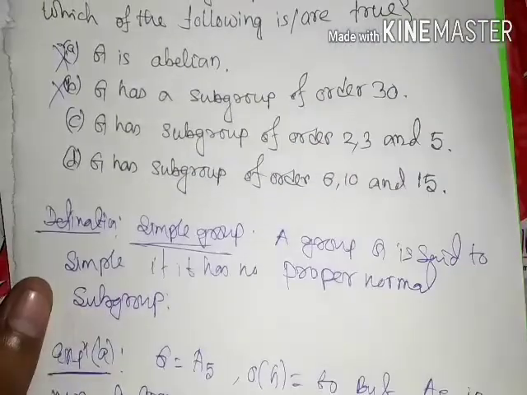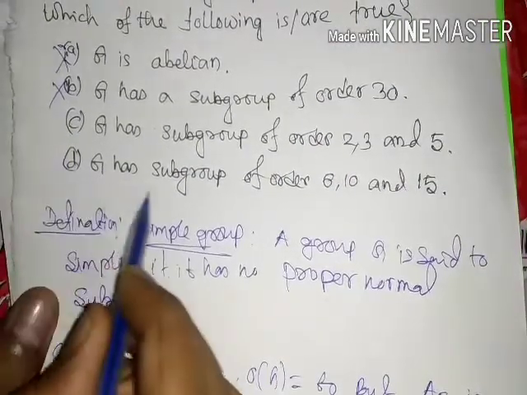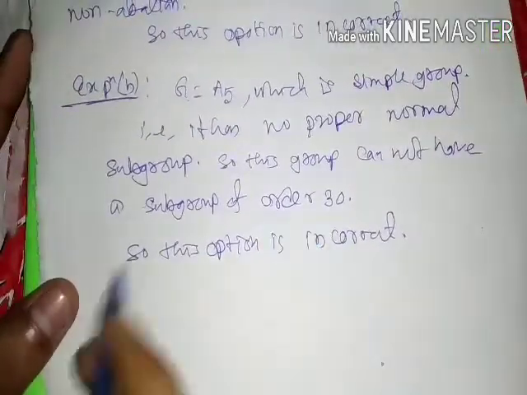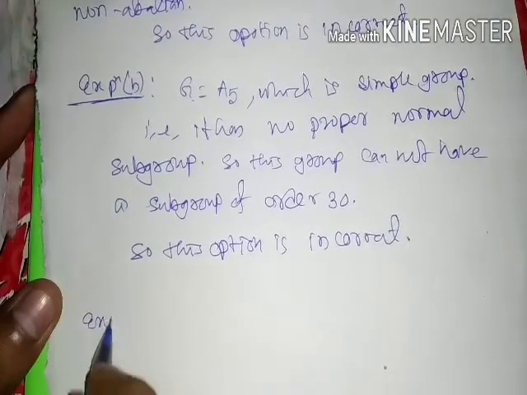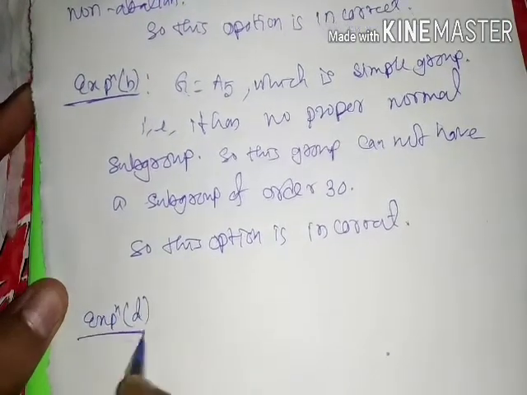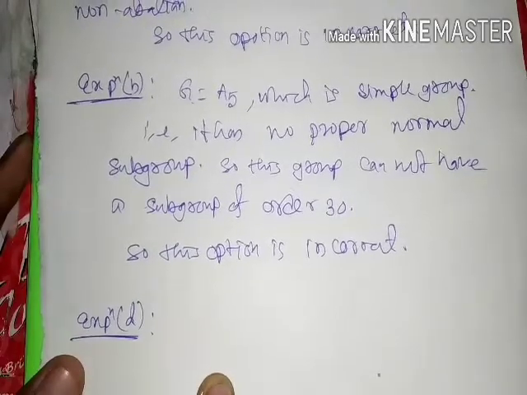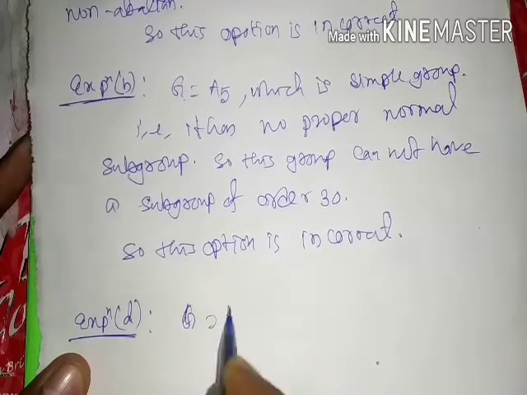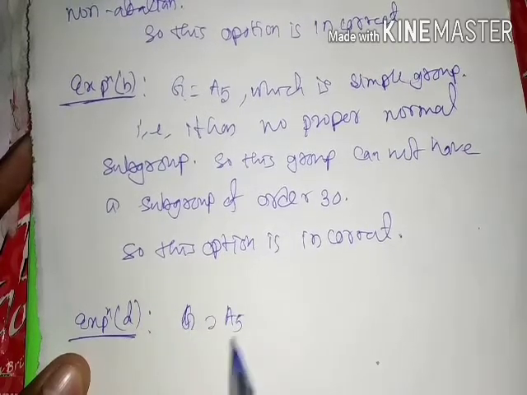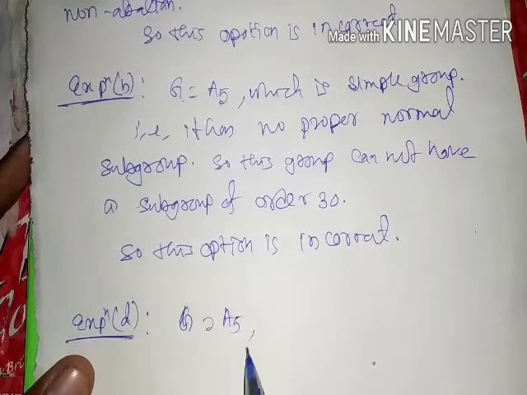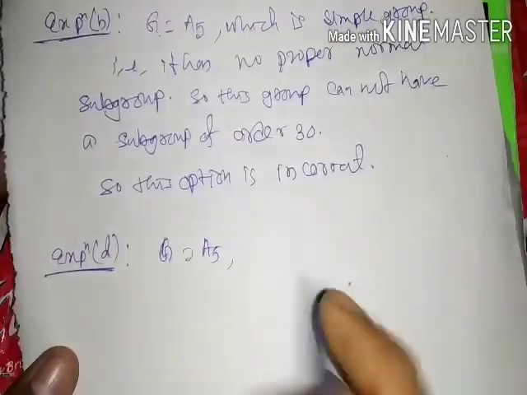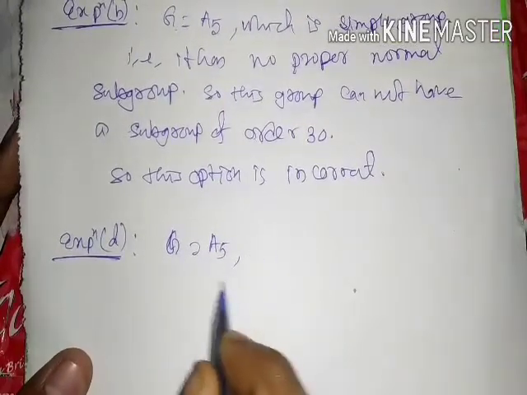Now we see the last option. G has a subgroup of order 6, 10, 15. Explanation of option D. If G is equal to A5, in this case also, for example, suppose that G has a subgroup of order 15.